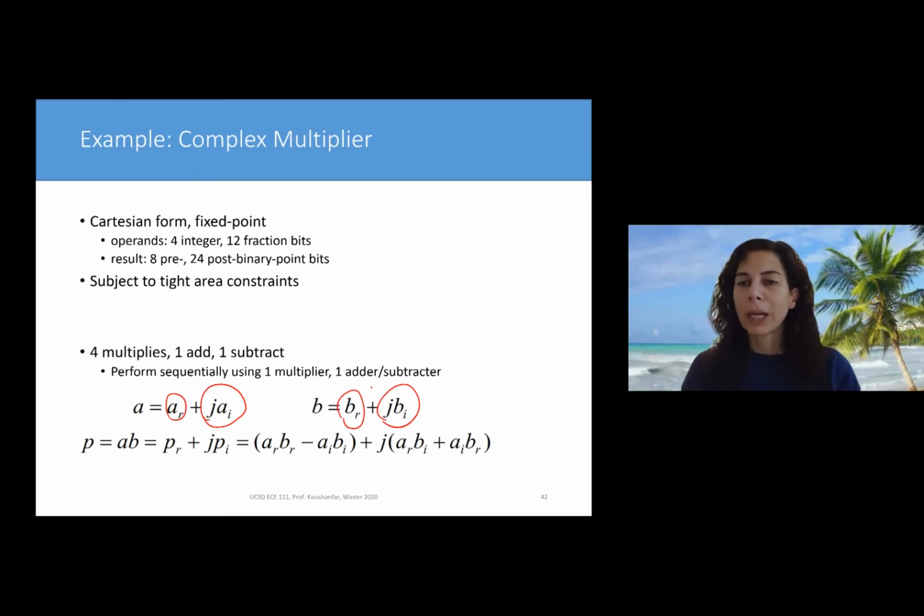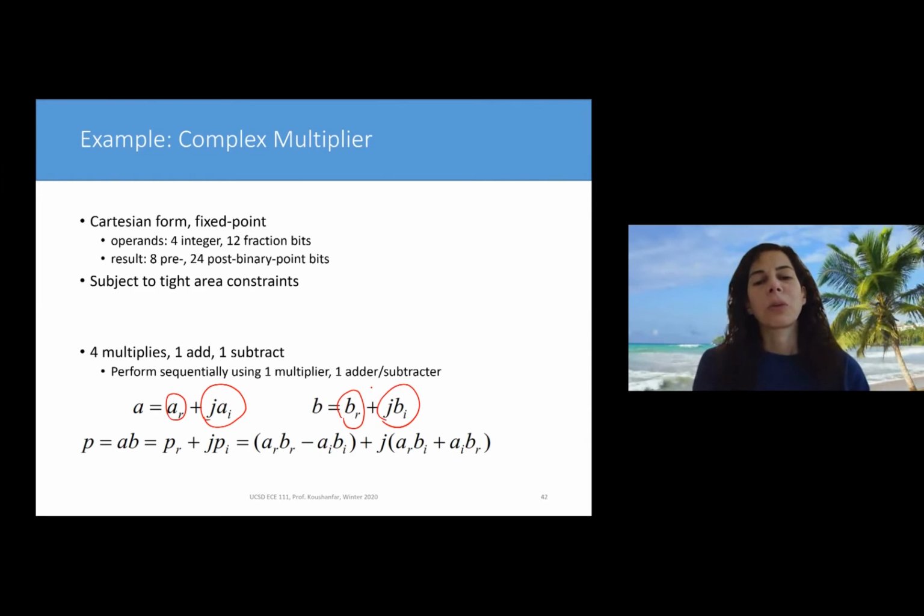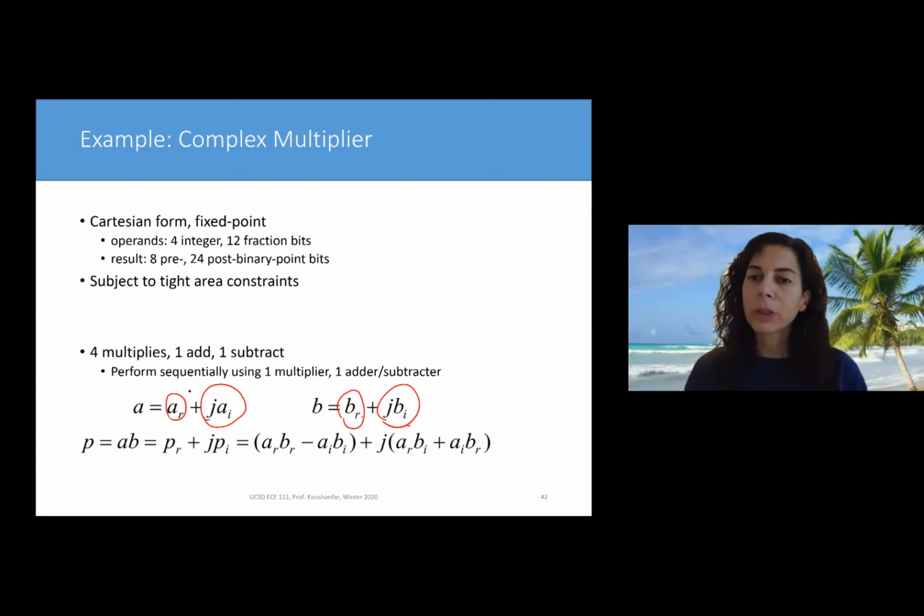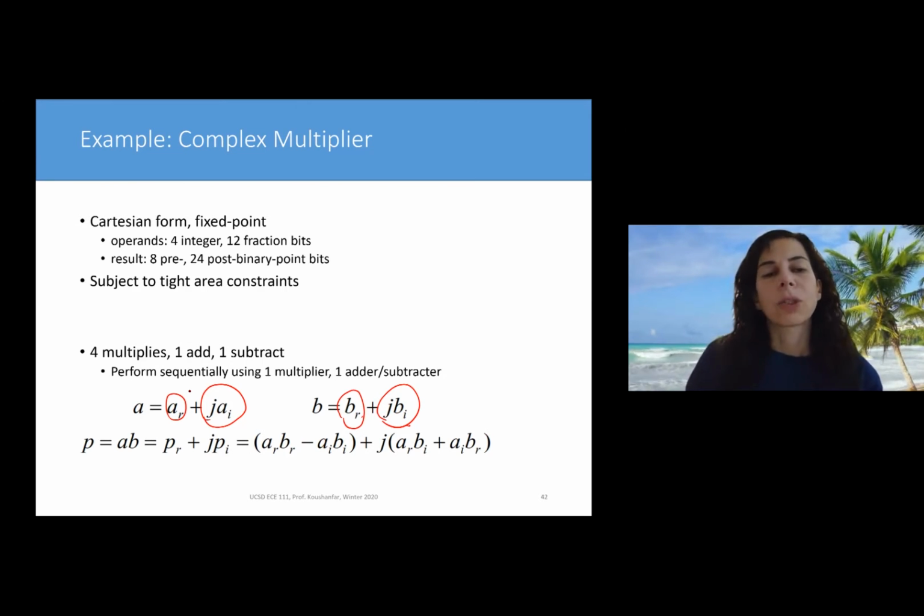When we multiply these two numbers, the real part becomes ArBr minus AiBi, and the imaginary part becomes j times (AiBr plus BiAr). So this is just basically simple middle school math.